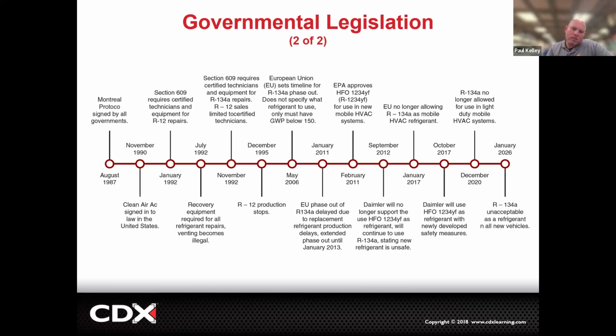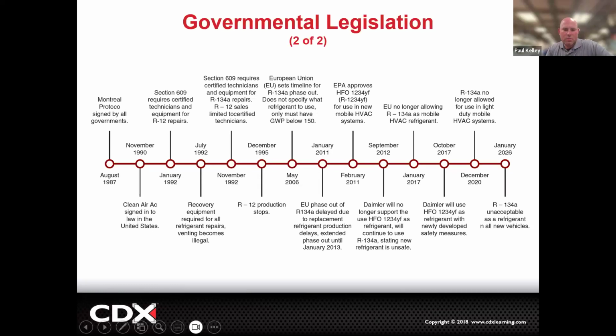But then, the US EPA, we started making some progress. The US EPA approved R1234yf for use in new mobile HVAC systems in 2011. So shortly after, we were like, hey, we found something that'll work. But then, Daimler, which was Daimler Chrysler.